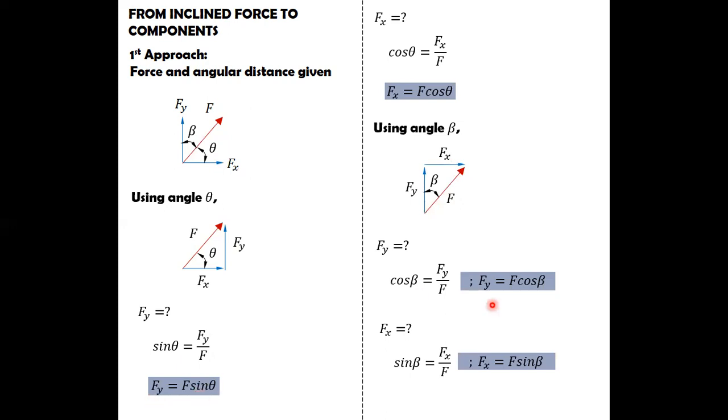Pero dito, ang trigo function na involved na ay cosine. And then dito naman sa x component, the trigo function is cosine. And then pagdating dito, sine. So basically, yun yung nakakalitong part. That is why I am suggesting you that instead of memorizing the formula, what you need to actually do is to understand the principle.